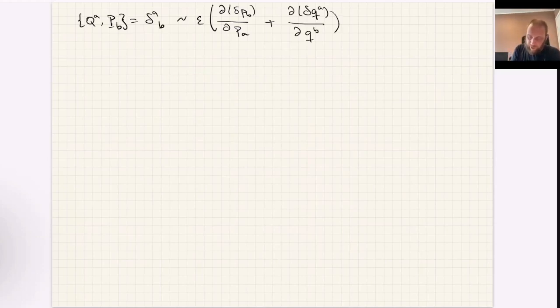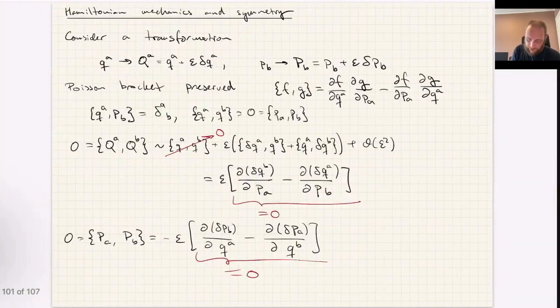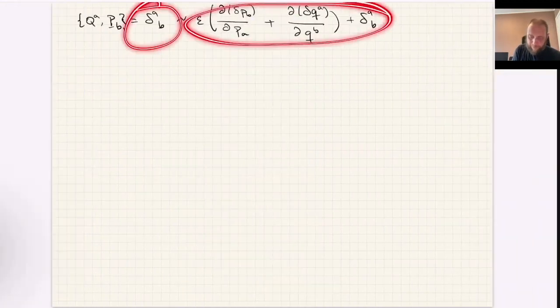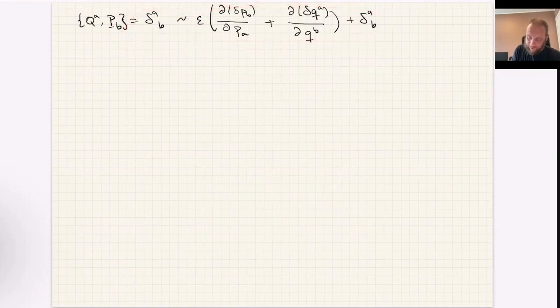And since this should be equal to delta AB, that comes from the commutation of this QA with that PB, right? So for this to be equal to that, up to linear order in epsilon, this must be equal to 0 as well.